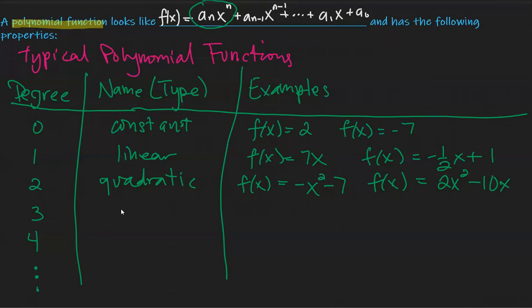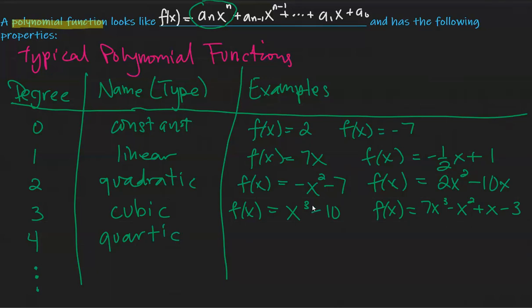So for degree 3, those are called cubic functions. F of x is equal to, an example could be x cubed minus 10, right? I don't have the x squared or the x term, but then I definitely could have all of them if I wanted to, right? So that's an example of a cubic function that has all the terms. And then the last one we really are going to focus on is called the quartic function.